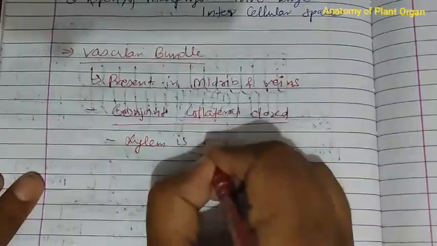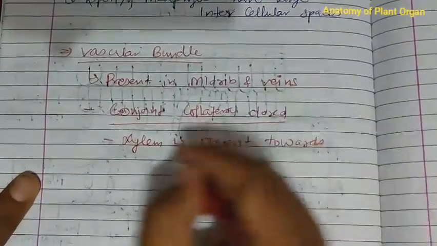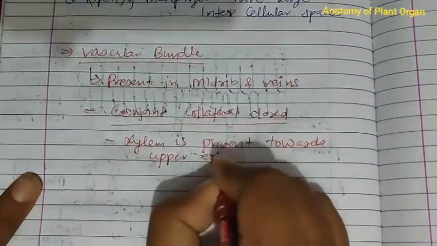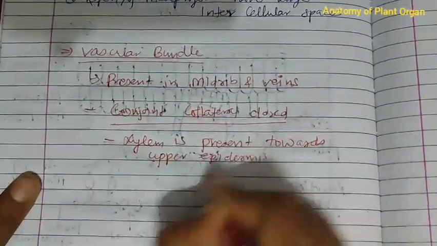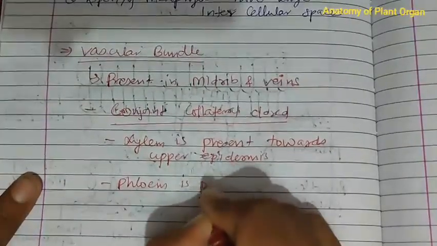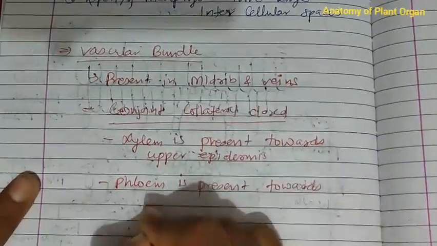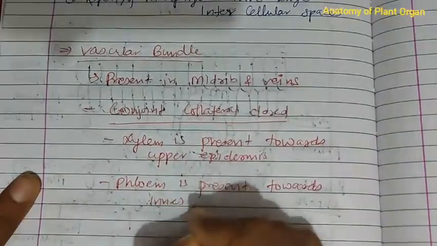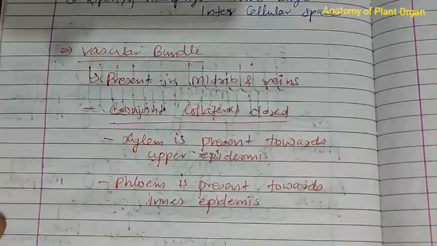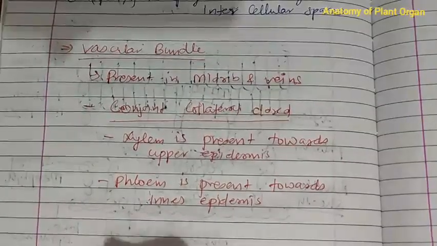Xylem is present towards upper epidermis and phloem is present towards lower epidermis. Okay, so that is the arrangement of conjoint collateral vascular bundle.